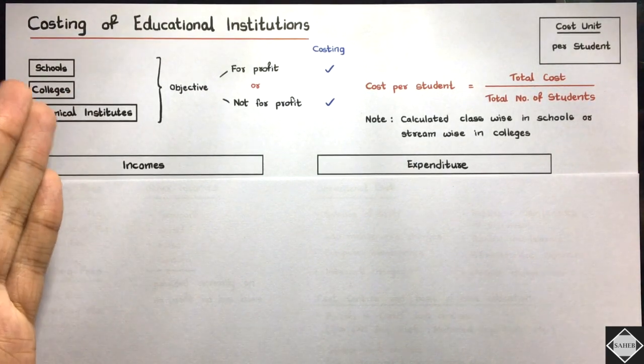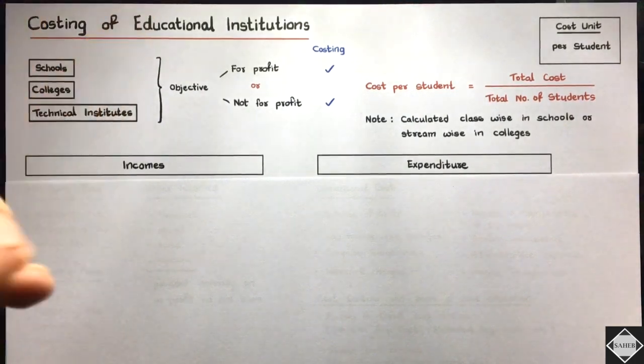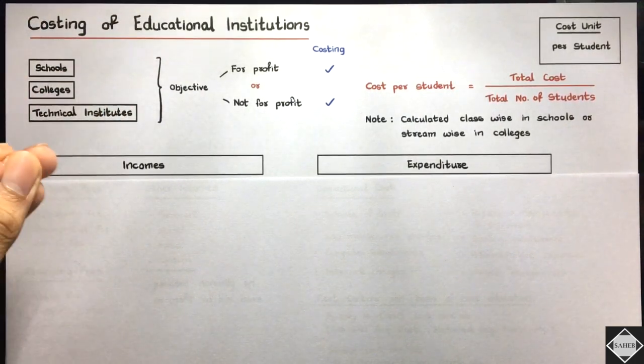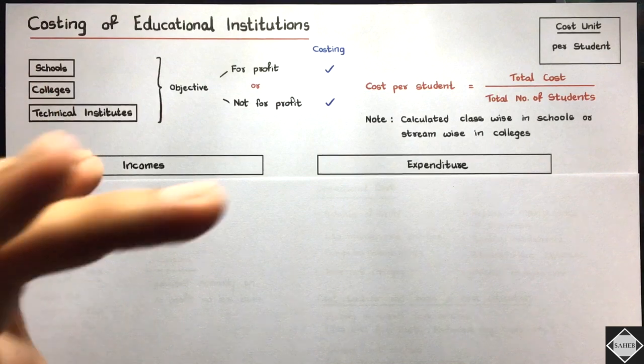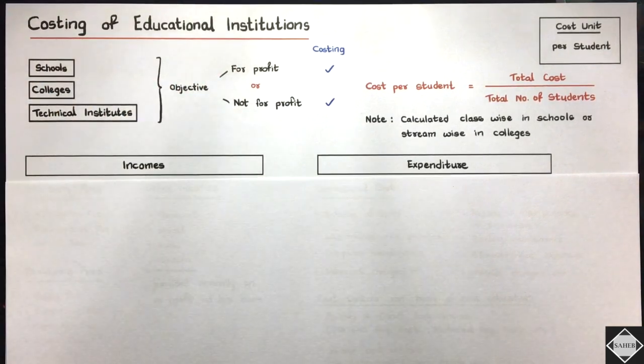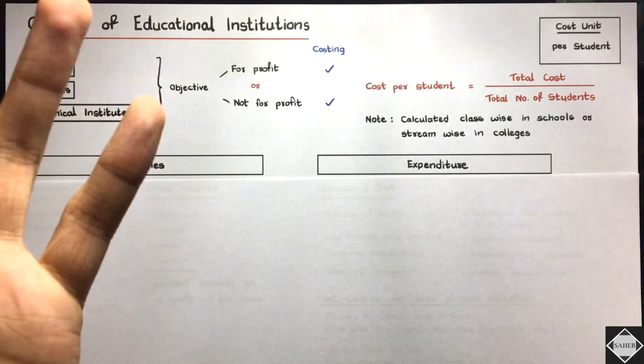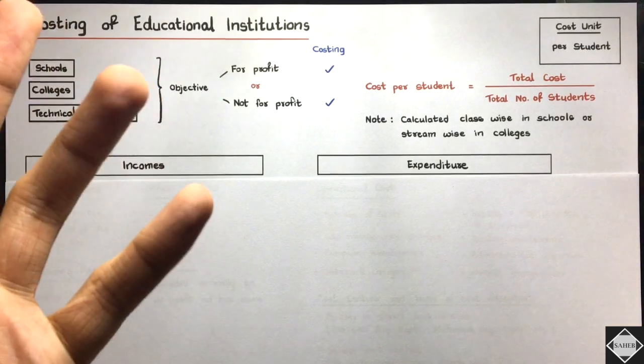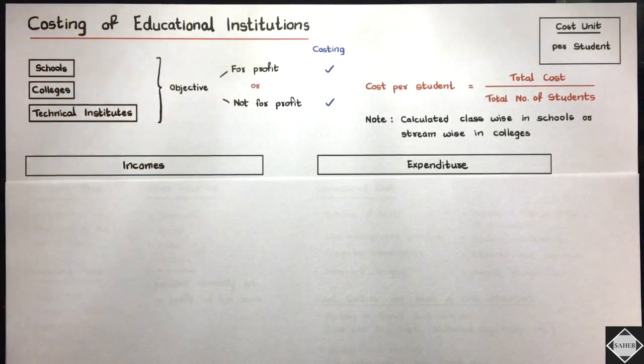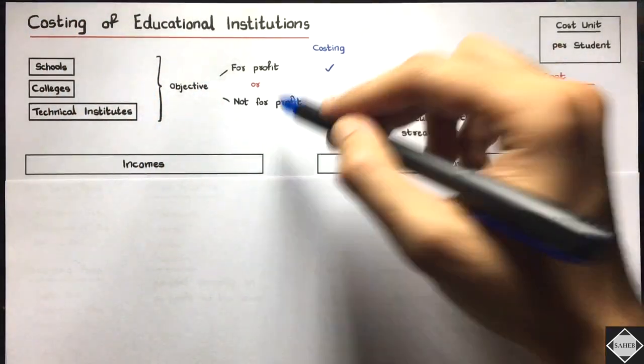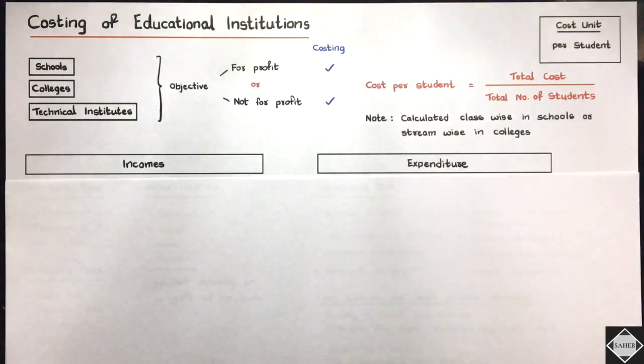The objective is, of course, to teach the students, and to teach for profit, or it can also be not for profit, just to provide value to society, for the betterment of the society, for the betterment of the children. But in both cases, service costing will be applied and costing will be done properly.